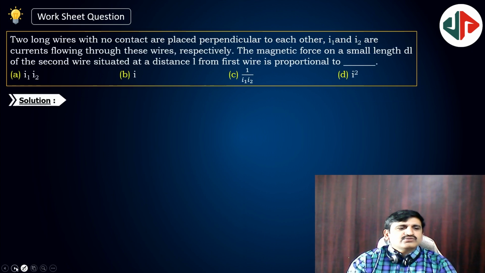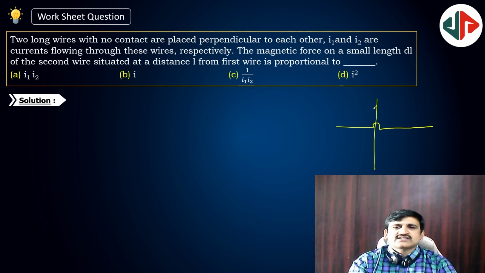Two long wires with no contact are placed perpendicular to each other. I1 and I2 currents are going through these wires respectively.